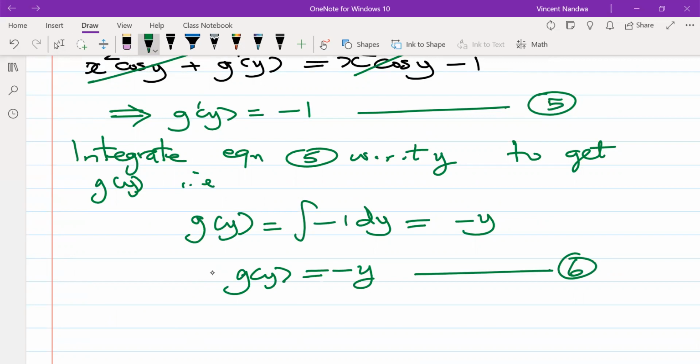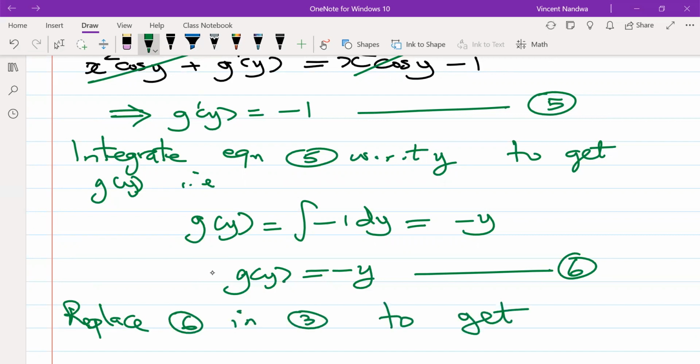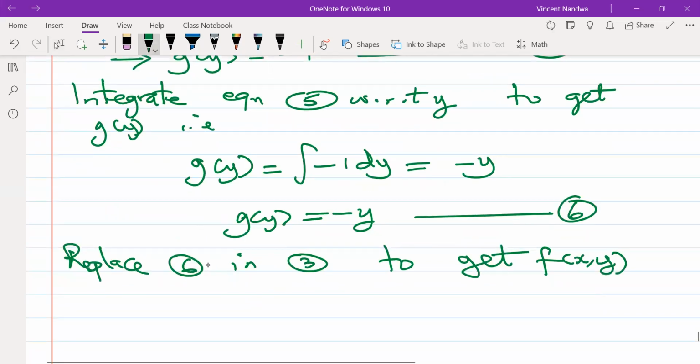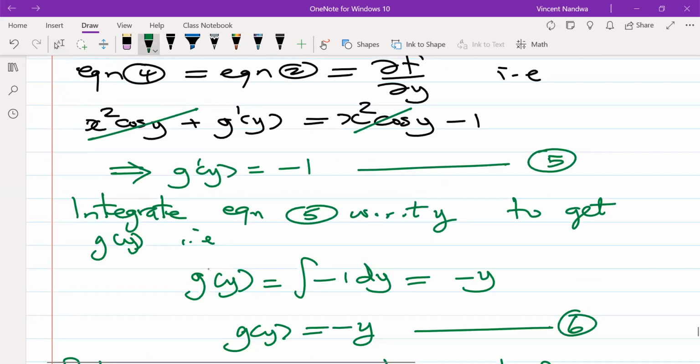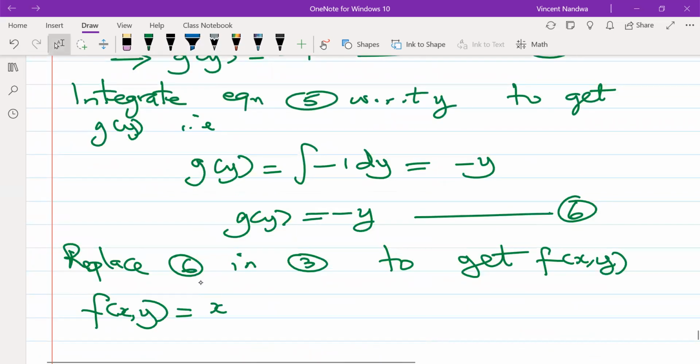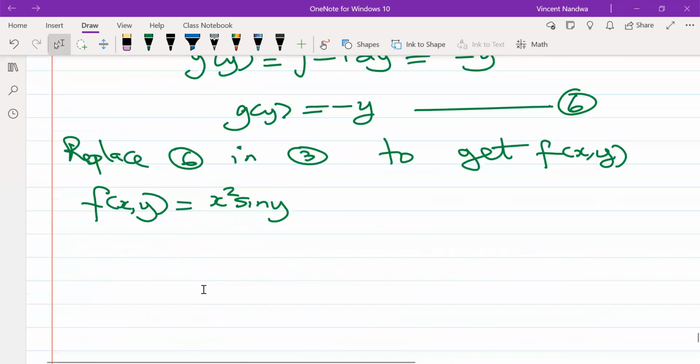So what we do now, we replace 6 in 3 to get f of x, y. We'll have f of x, y equals equation 3, x squared sine y, plus g of y, which is minus y.